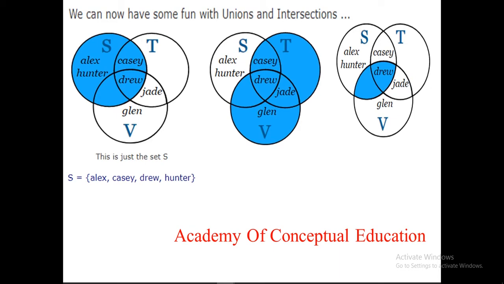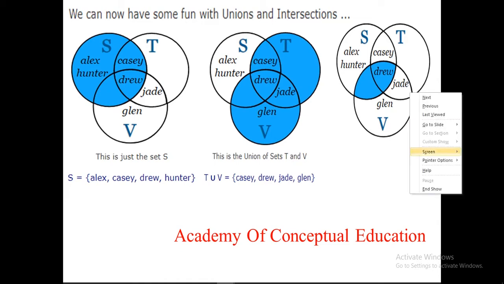The second one is T union V, which means that these are the players who play tennis as well as volleyball.